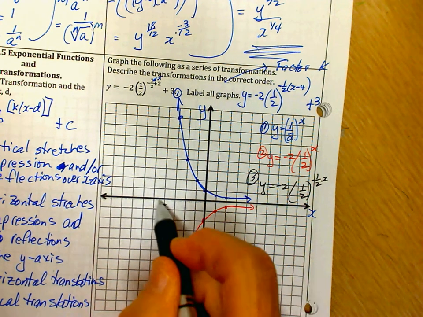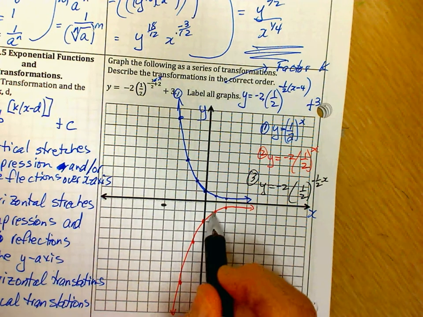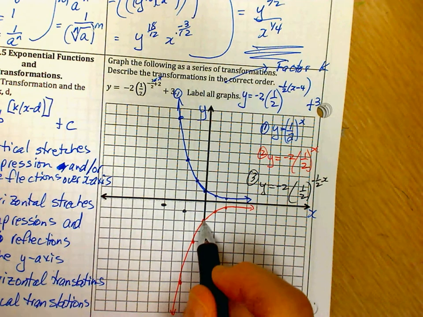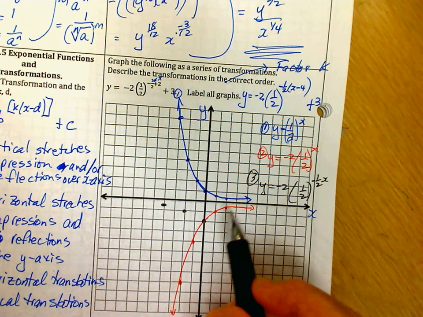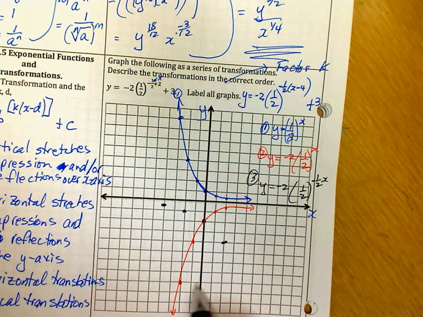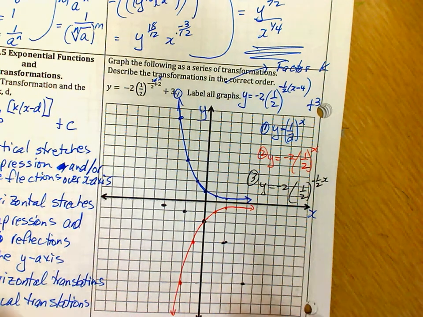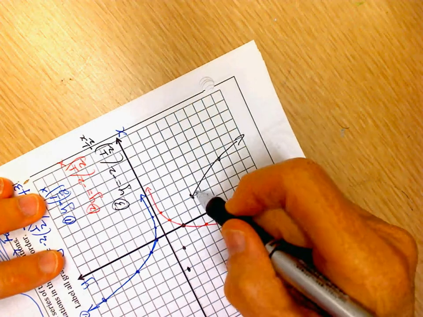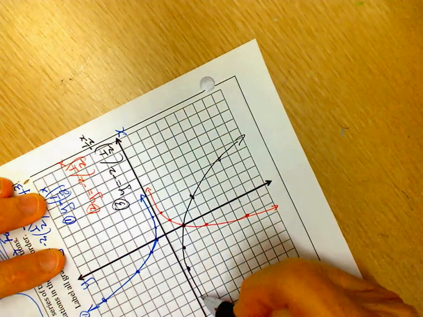This x is 1, times negative 2 is negative 2. The x value here is 0, times negative 2 is 0. The x value here is negative 1, negative 2 times negative 1 is positive 2. Negative 2 times negative 2 is positive 4. Okay, so now I'm just going to flip it around to draw it. And there we have it. That is graph number 3.